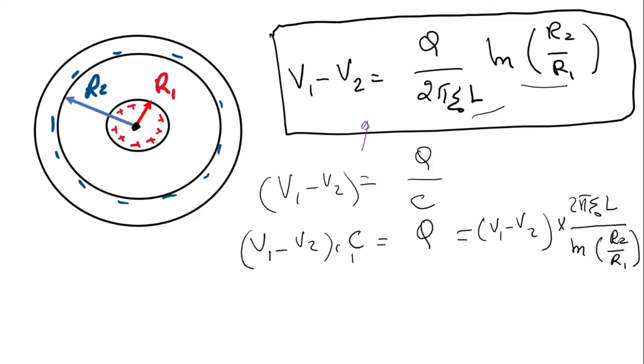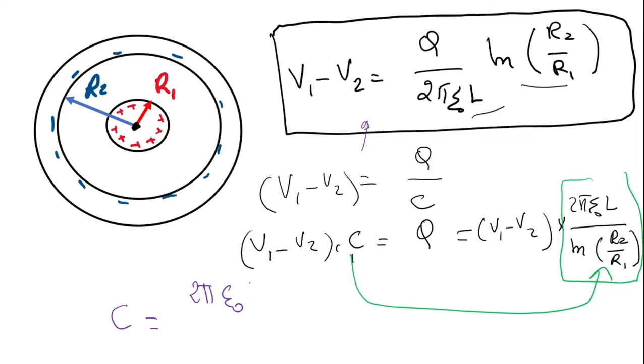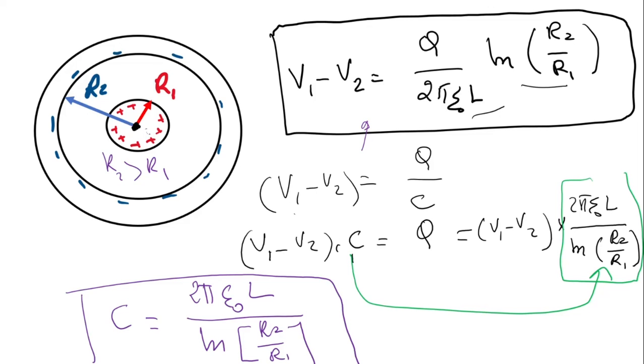So the capacitance of this cylindrical capacitor is 2 pi epsilon 0 L over ln of R2 over R1.